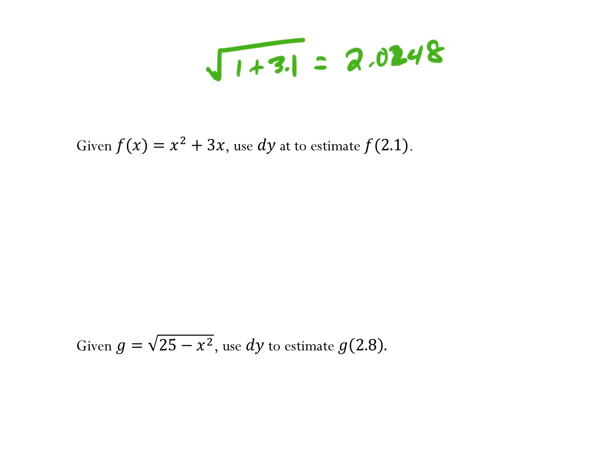All right, so if I want to find f of 2.1, what I'm going to do is ask, what is f of 2? That's a really close value that's relatively easy to plug in. My f of 2 would be 4 plus 6, which is 10. And my dx would be the difference between the 2 and the 2.1, so my dx is 0.1. I can say that dy is equal to the derivative times dx.